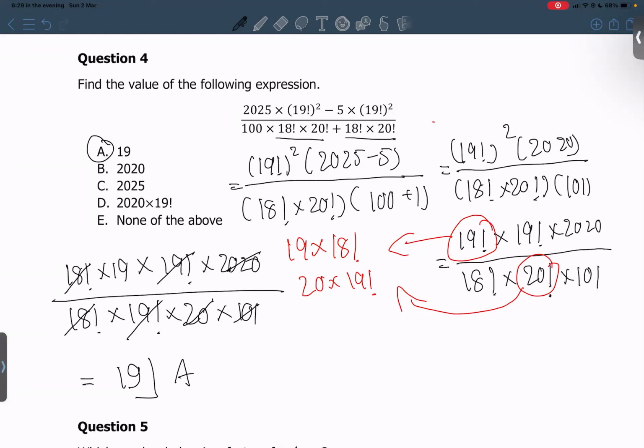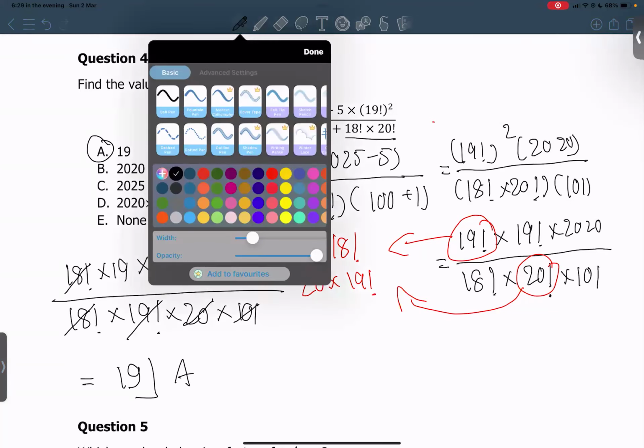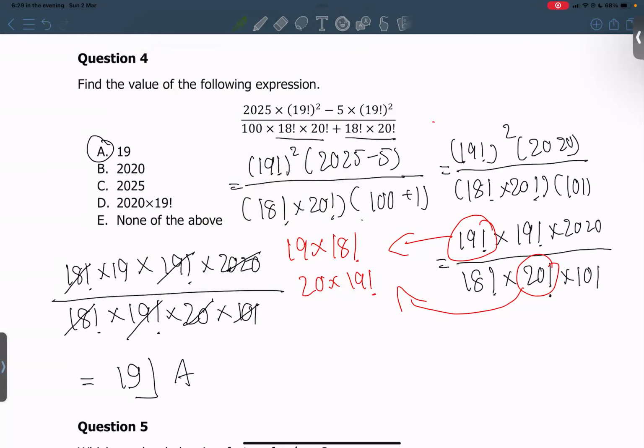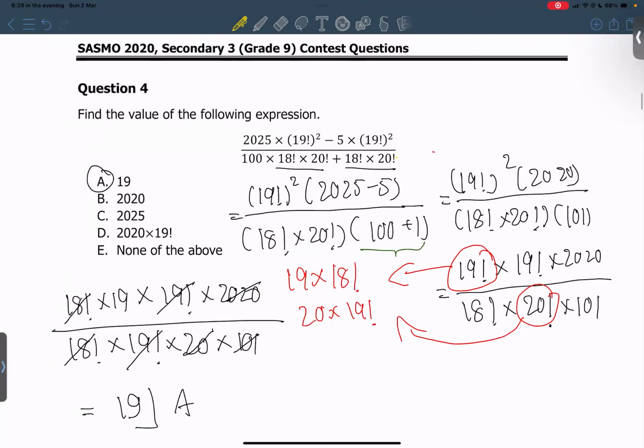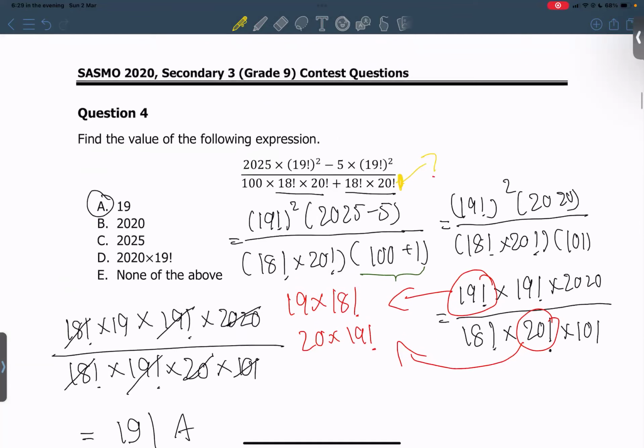So where did I get this one, right? So, hold on, let me choose a different color. Okay, so from the numerator over here, just look at this numerator. From both sides, you can see there's 18 factorial times 20 factorial, which is the same thing.